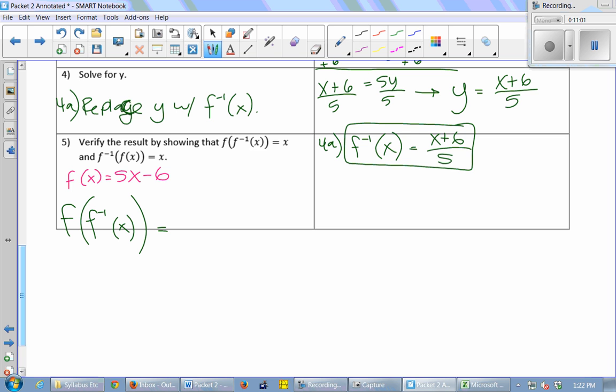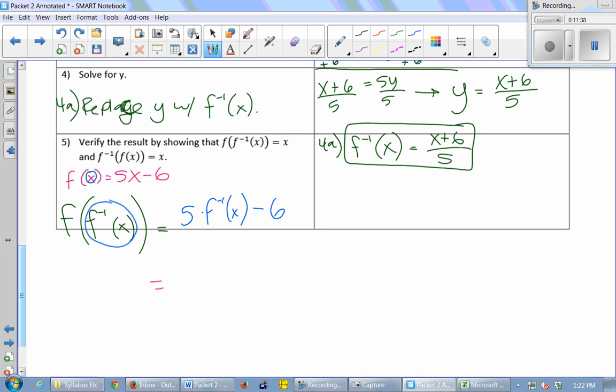Then instead of 5x minus 6, because I replaced the x in parentheses in that formula with f inverse of x down below, f parentheses x becomes f parentheses this thing. So in the formula 5x minus 6, I have to replace the x with what I replaced the x with in parentheses. So this is going to become 5 times f inverse of x minus 6.